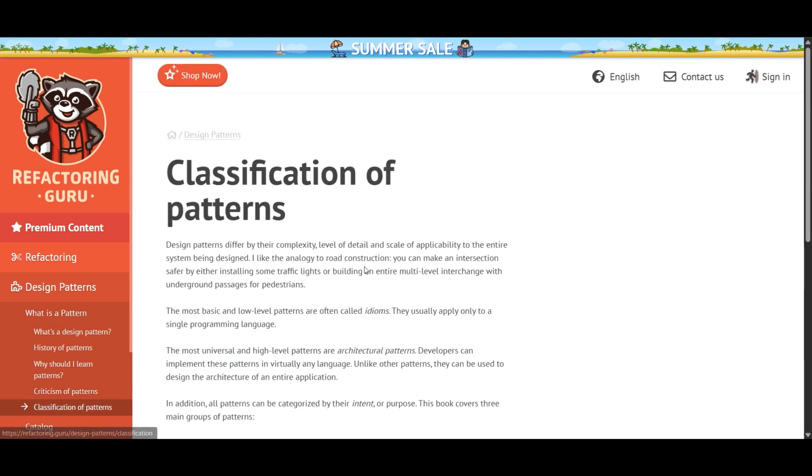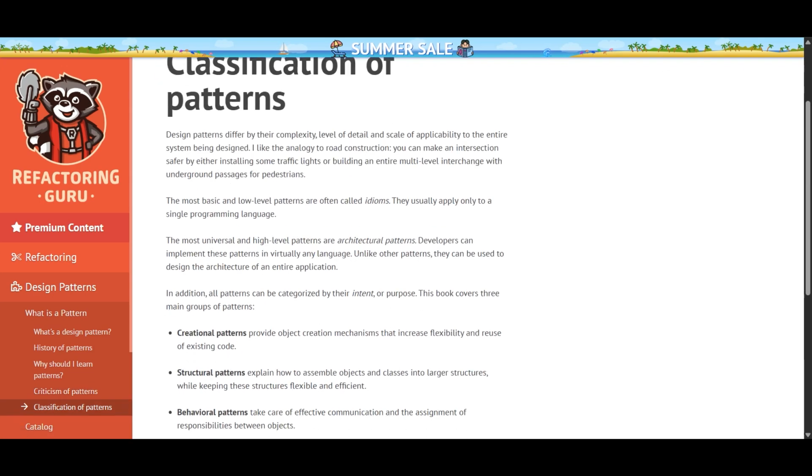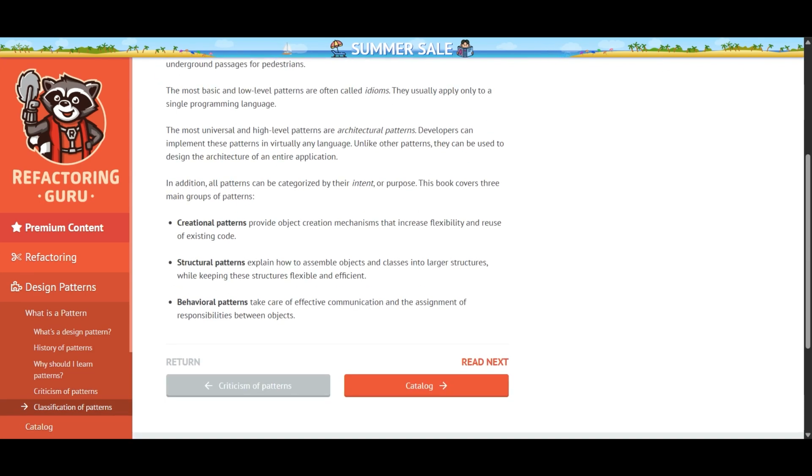And then we will go to the classification of design patterns. There are three general classifications: creational patterns, structural patterns, and behavioral patterns. Creational patterns are about when we are going to create an object. They give us some mechanisms to increase flexibility and reuse the code that we've written before.